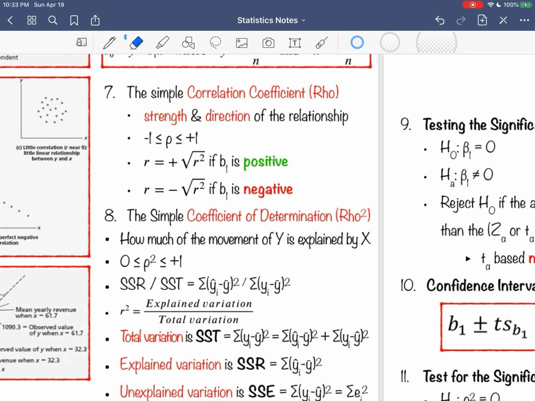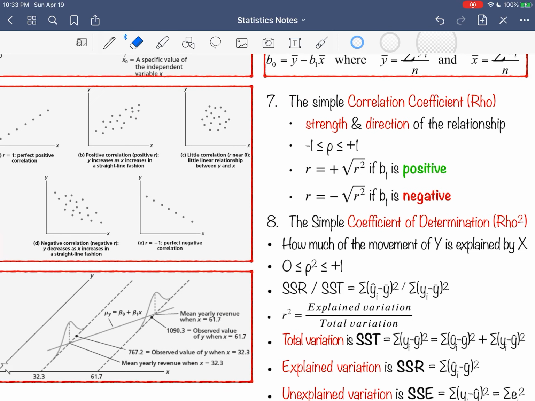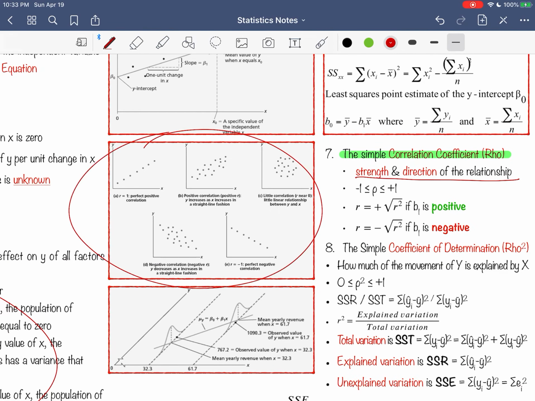Two very, very, very important concepts to look at: the correlation coefficient and the coefficient of determination. We'll start off with the correlation coefficient. It's called rho. Often you see it as R. It gives you the strength and the direction of the relationship between X and Y. So in this chart right here, a correlation that is seemingly like this or this is a perfect correlation.